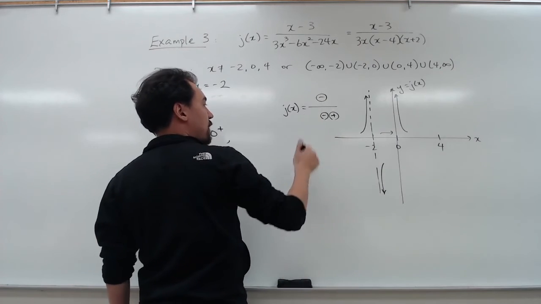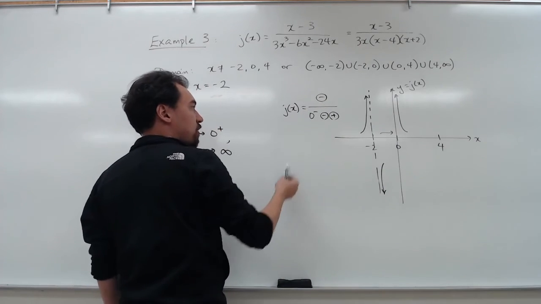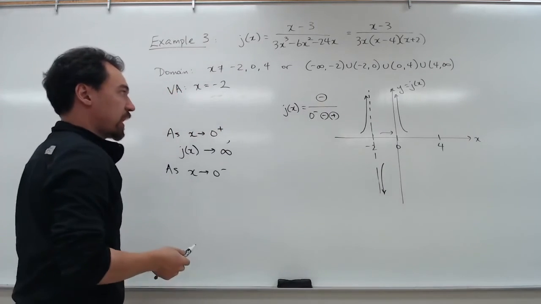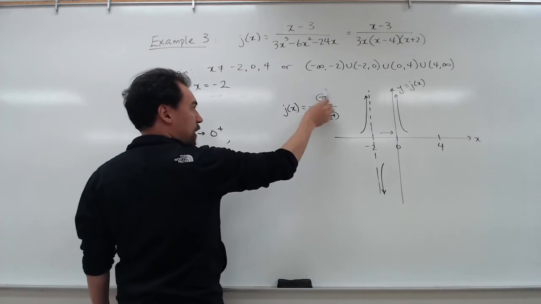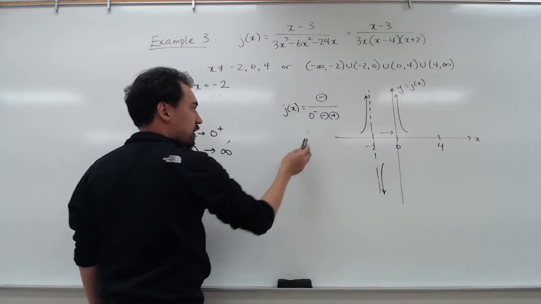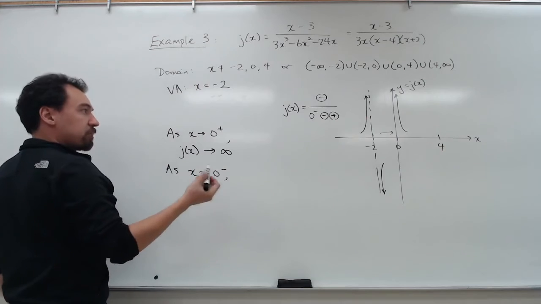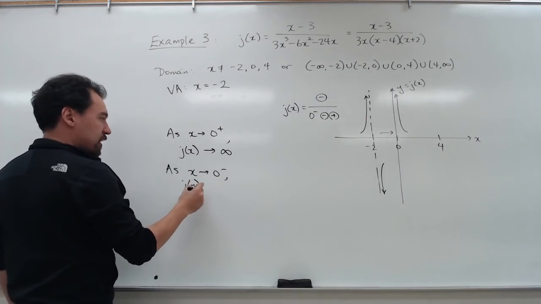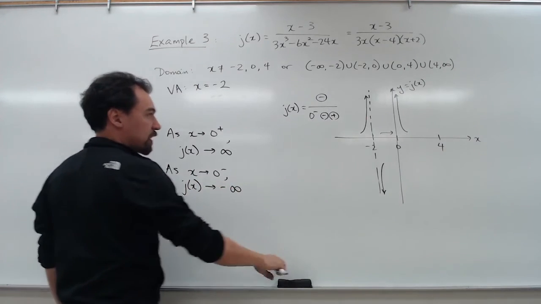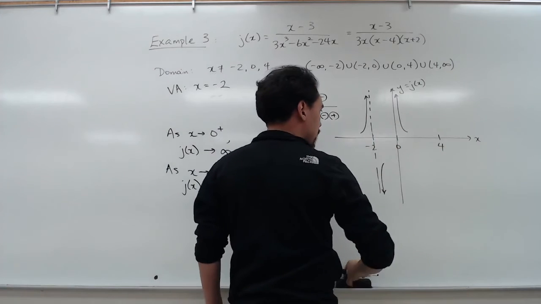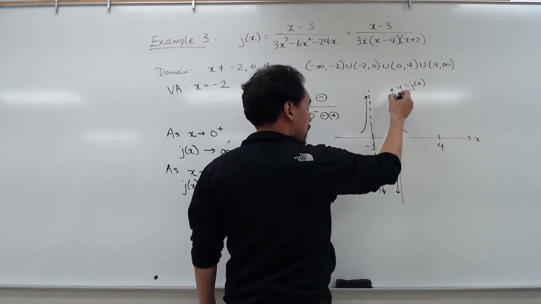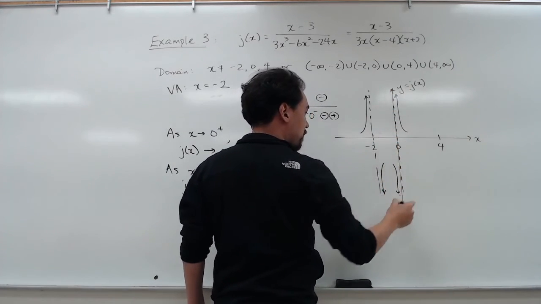So this time I'm a little bit less than 0, close to 0, but negative. Now overall, on the top negative, on the bottom positive, I'm going to get a negative result. So j of x is going to go toward negative infinity. That tells me this behavior. And I should put a vertical asymptote right through here.